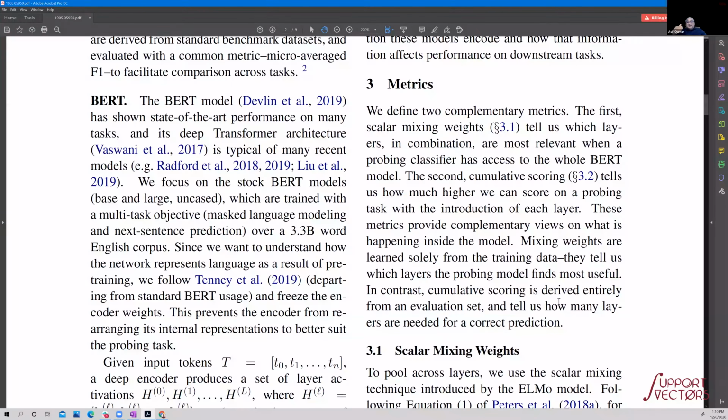And then you go to the next layer and again see how much improvement you got. So the differential improvement by including a layer versus not including the layer so far is given by the cumulative scoring. Are we together? So what will happen is that for the early things like part of speech tagging, the early layers will contribute a lot.